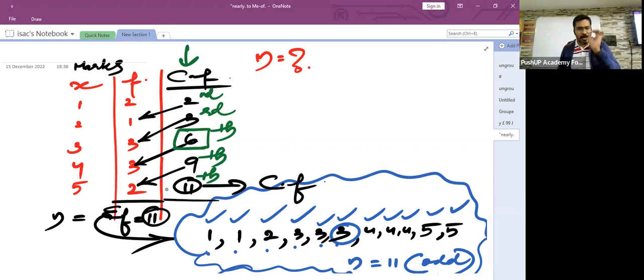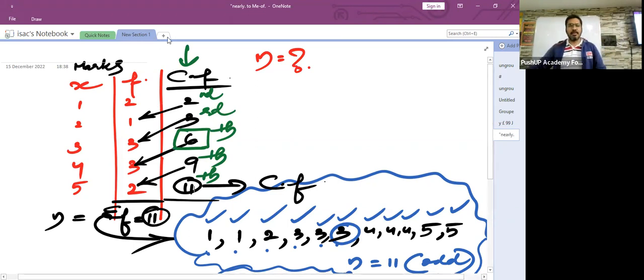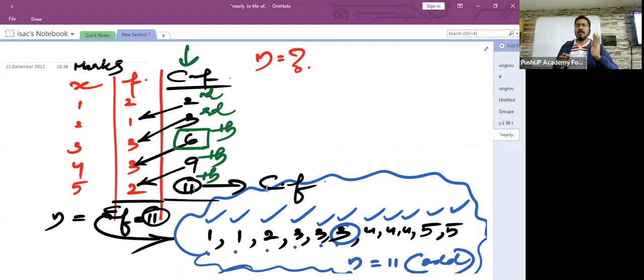So in your notebook, please do mention it. In school, was it told that you have to read it as 2nd, 3rd, 6th, 9th, and 11th? No, I think. It is not told because it is not mentioned in the textbook. It is not mentioned either in ML Aggarwal or in the Selina textbook. But this is how you have to express it.